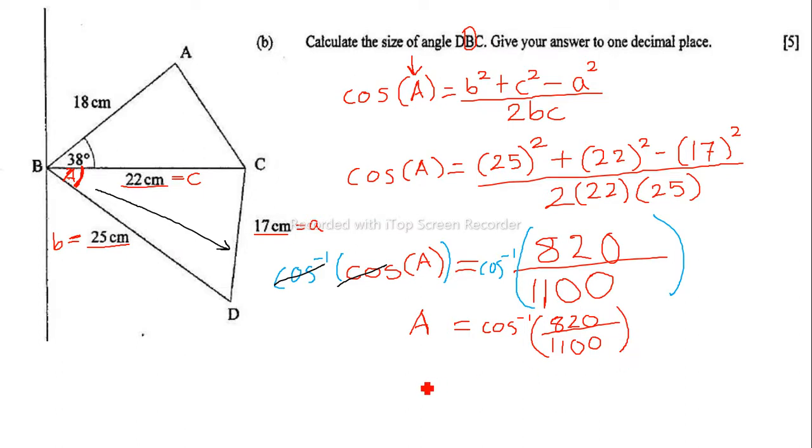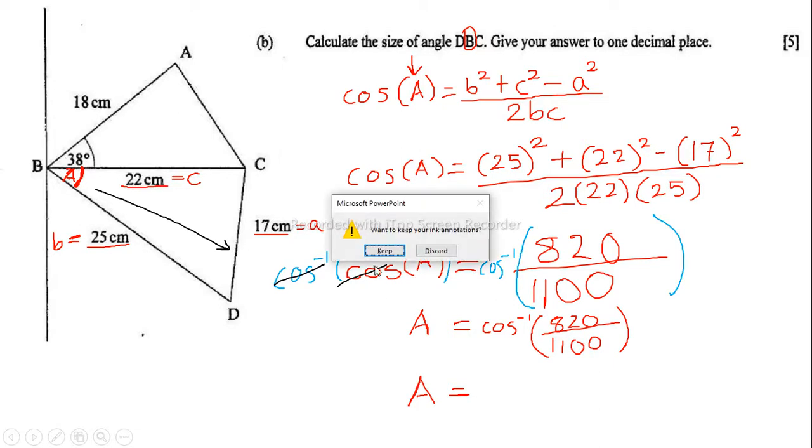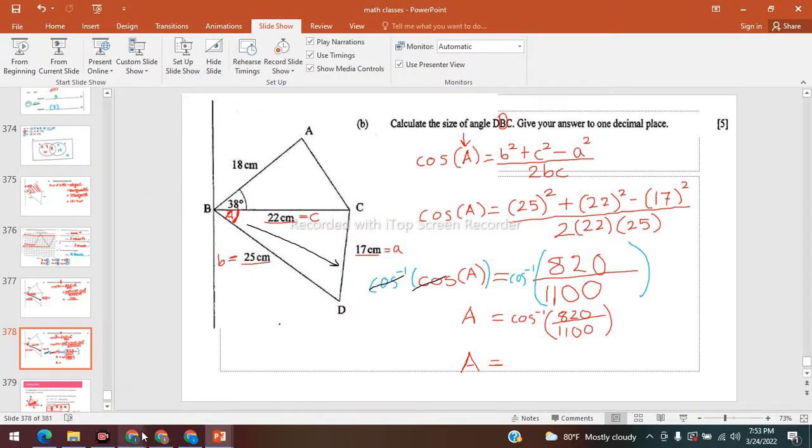So we are left with A is equal to cosine inverse of 820 divided by 1100. I got 41.8. What you got?